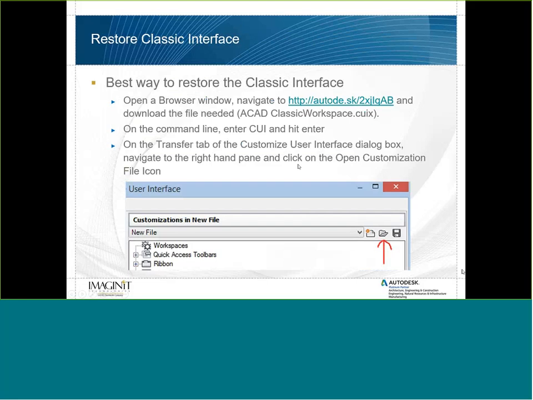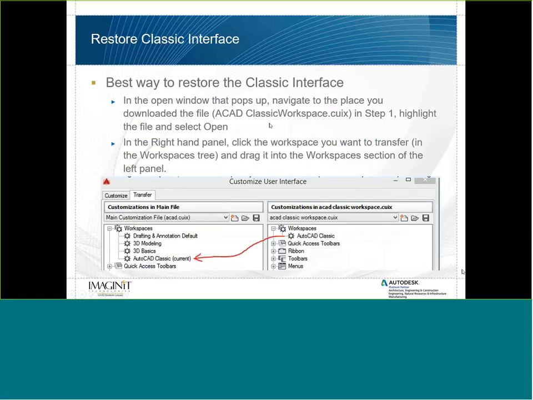You'll navigate to the right-hand pane and click on the Open Customization icon right here. Once you click on Open, navigate to where you downloaded that AutoCAD Classic Workspace CUIX, highlight the file and select open.